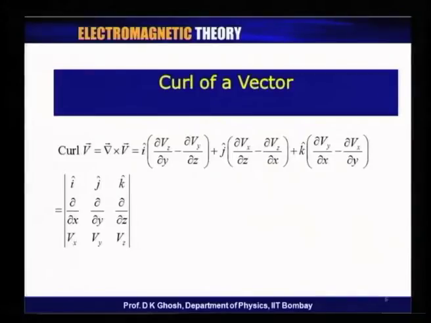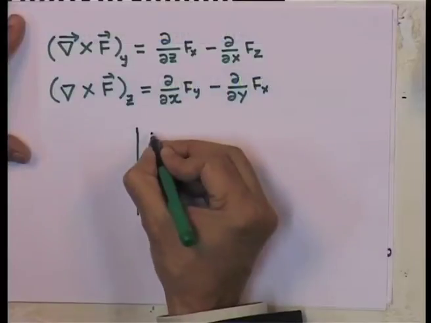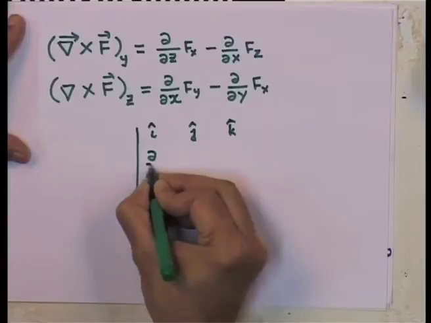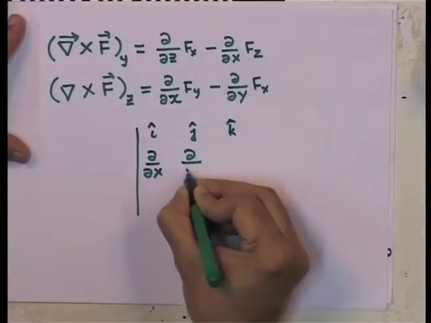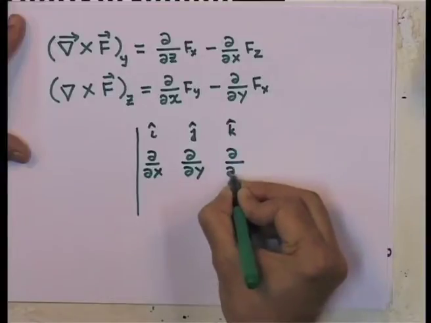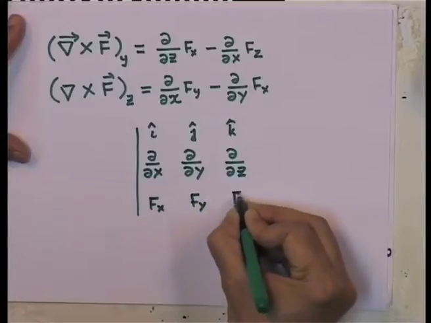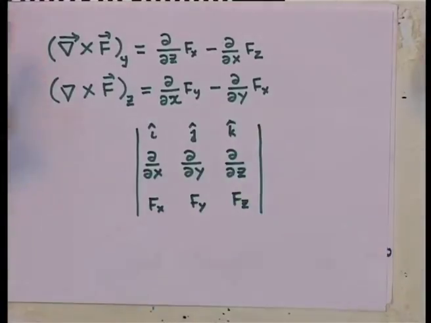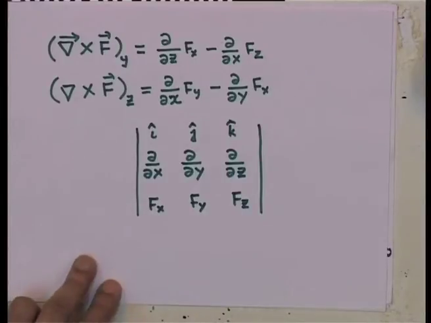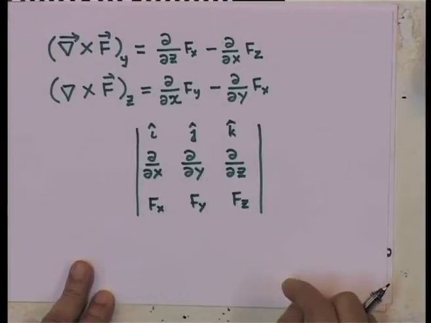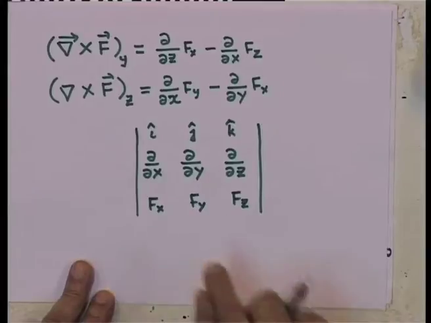Now, like you write down a cross b in a determinantal form, I can write down this as i, j, k; d by dx, d by dy, d by dz; and of course, f x, f y, f z. You have to have a bit of discipline in interpreting this, because this is not important when you normally evaluate a determinant, but in this case it is.